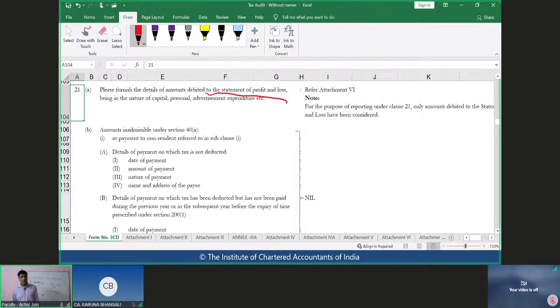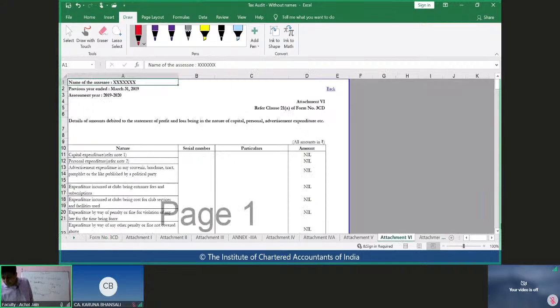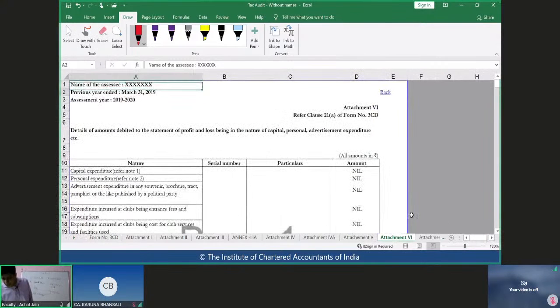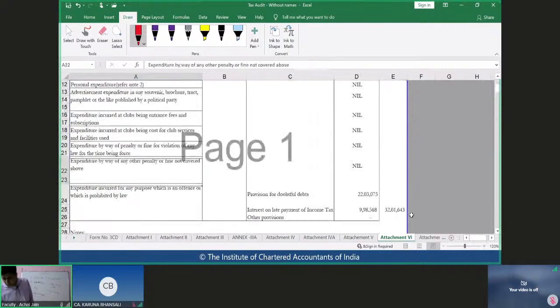details. And it says if those have been debited to P&L and those were in the nature of capital, personal, or advertisement expenditure. So let's see how would the management have reported this. All of these items would be reported by the management over here.